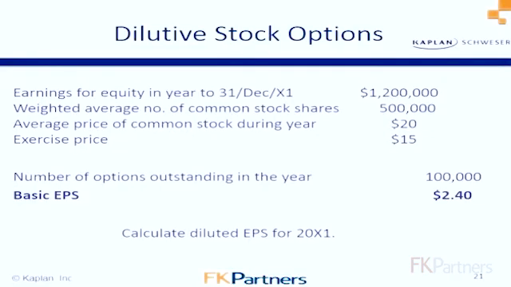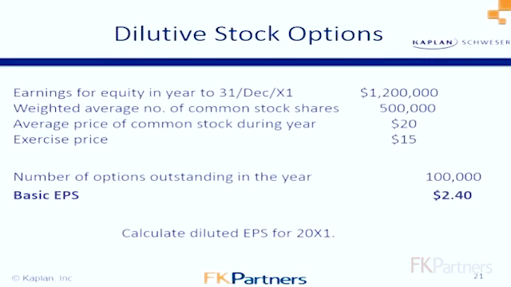But let me flash up here for you all a slide that shows some numbers around the example that we're going to be doing. So I'm going to just read for you all this slide. You have earnings right now of 1,200,000. You have a number of shares outstanding of 500,000 shares.